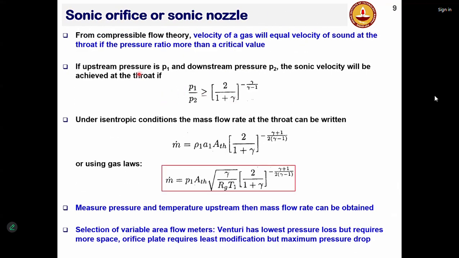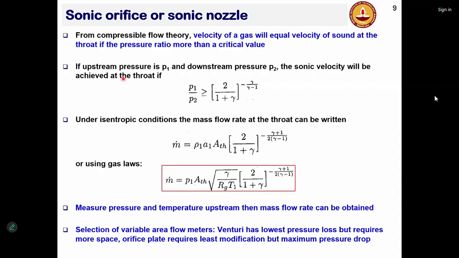Again from gas dynamics, people have shown that the ratio of upstream pressure to downstream pressure can be greater than or equal to this parameter, which is 2 over 1 plus gamma to the power minus gamma over gamma minus 1.